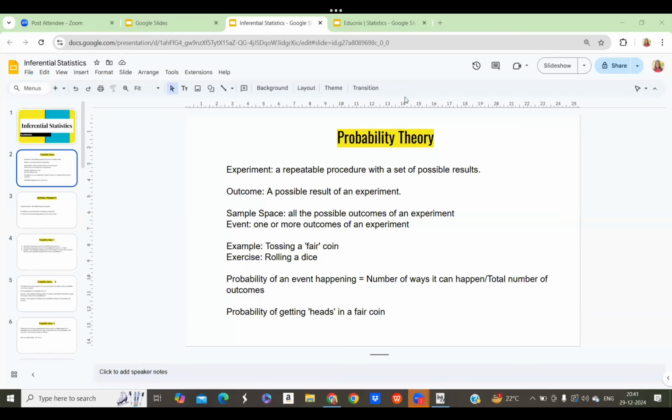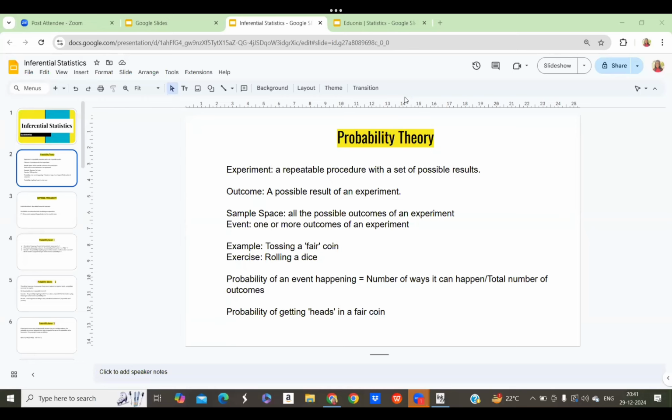Now, how do we get probability? We find out the probable outcomes of an event, right? And the total event is always 1. Now, if I ask you what is the probability of getting 4 while rolling a dice.